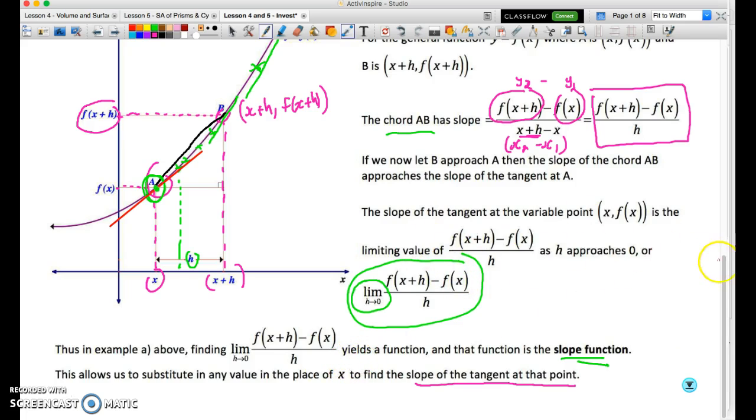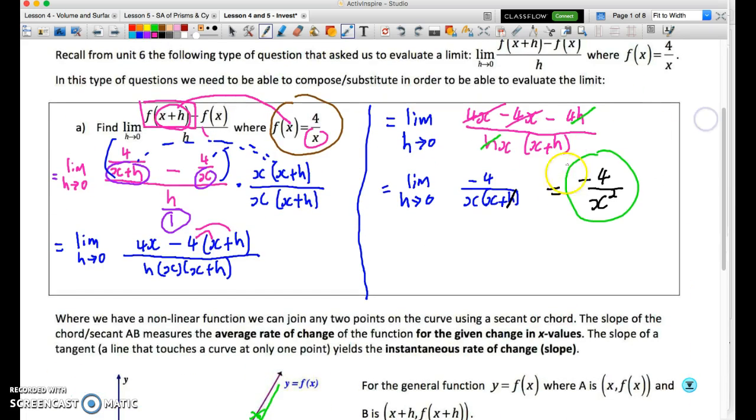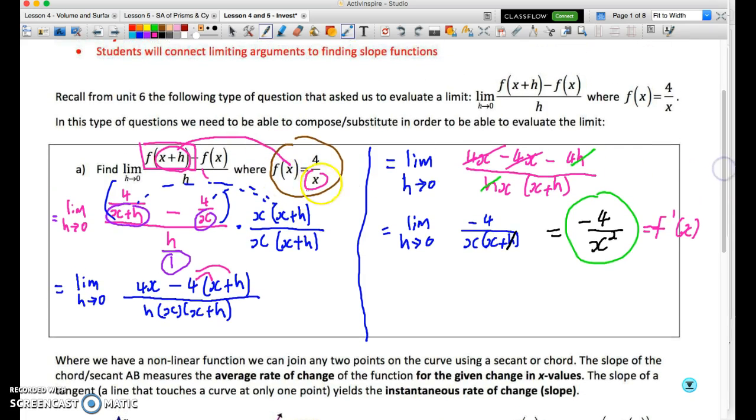In this particular case, minus 4 over x squared is the first derivative, and that is denoted f dash x, and the first derivative is the slope function, which is used to evaluate slopes of functions at any given point on the function. What we are doing through this process is finding the first derivative using first principles, and that's the essence of what you need to do in your investigation. Good luck.